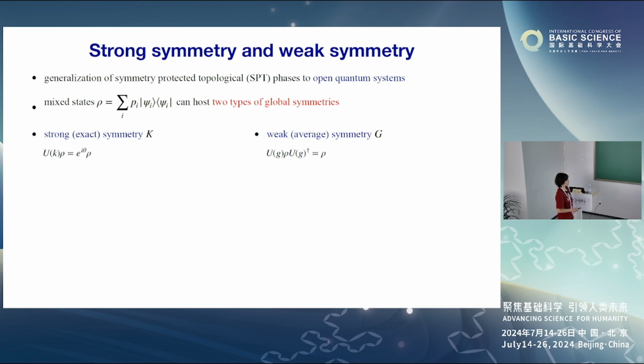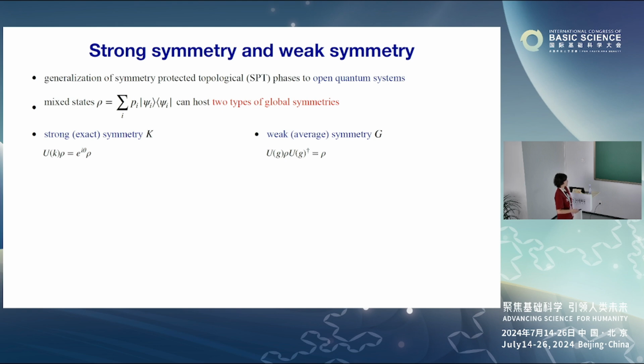Actually, there are two types of global symmetry. One is called the strong symmetry or the exact symmetry. To apply this group of operations on one side of the row gives a coefficient, the phase here. And another symmetry is called the weak or the average symmetry. This means we need to act on both sides of the density matrix. Then it will come back to the original density matrix.